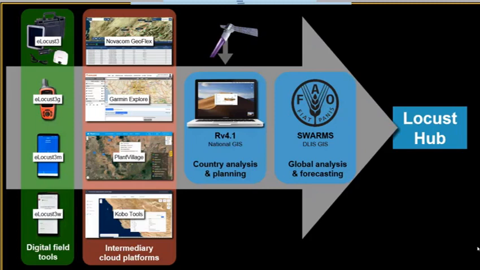So now again, we come back to standardization. Not only are the tools used in the field standardized and the same tool used in all of the countries, but also the GIS. The same GIS that Pakistan uses is the same one that all of the other 30 frontline countries are using.